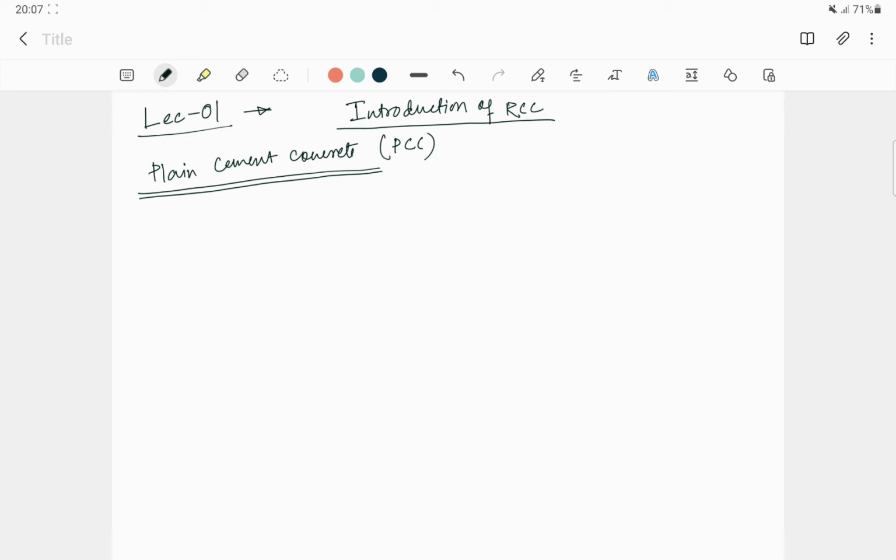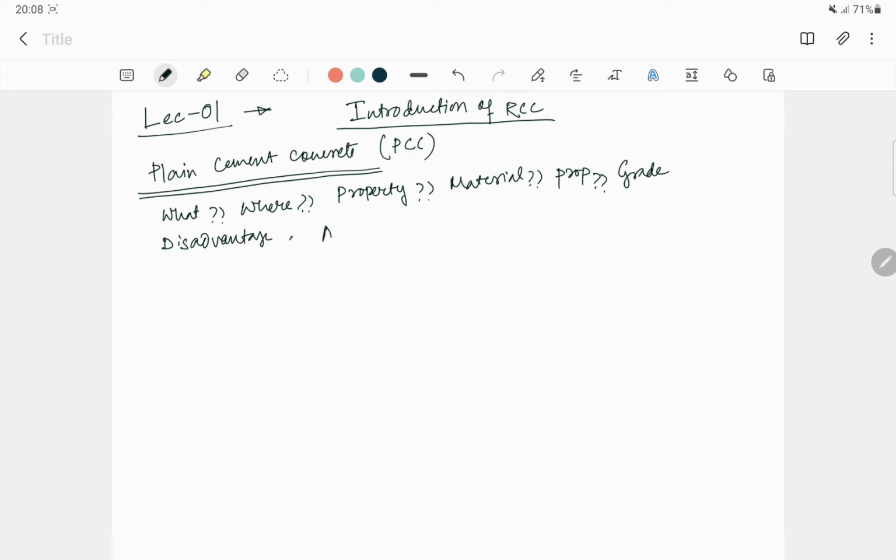Our aim is to learn what is plain cement concrete, where it is used, what are the properties, what are the materials, and if there are materials then what is their proportion, what is their grade, and what are some disadvantages as well as advantages.